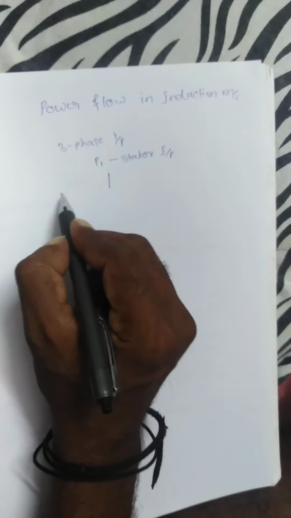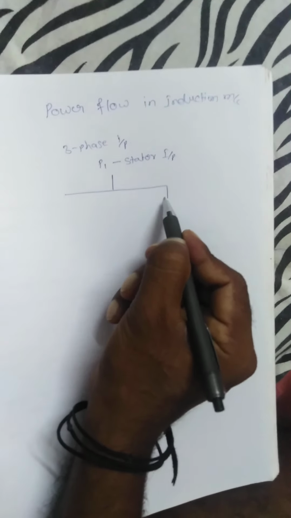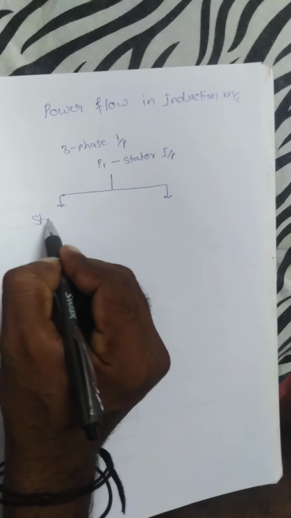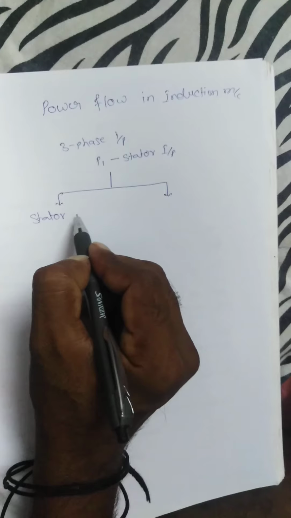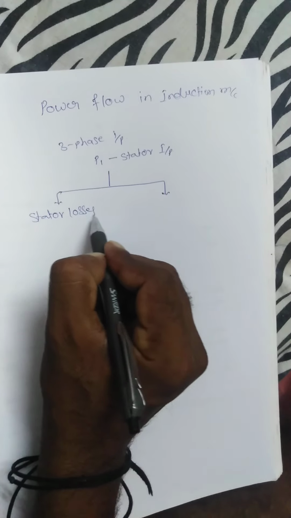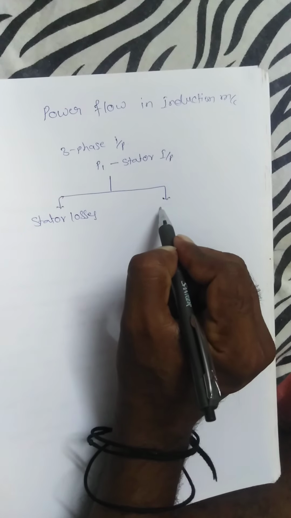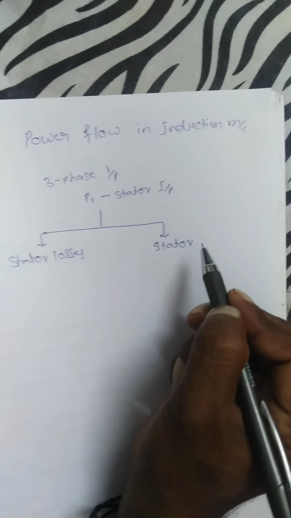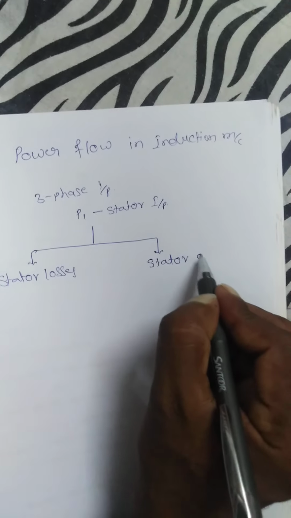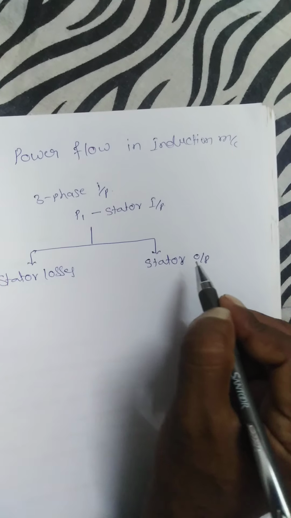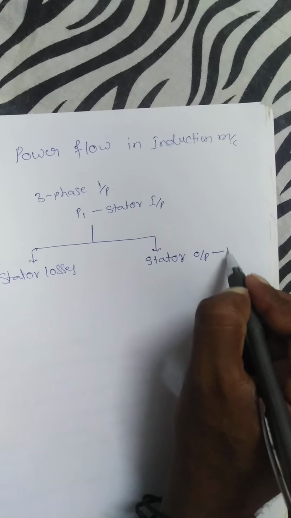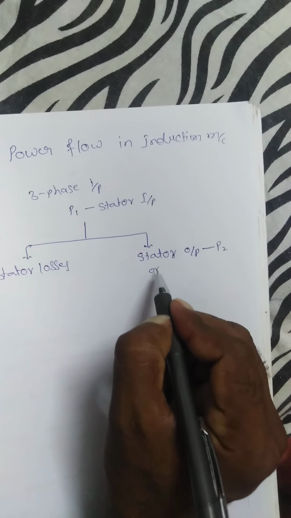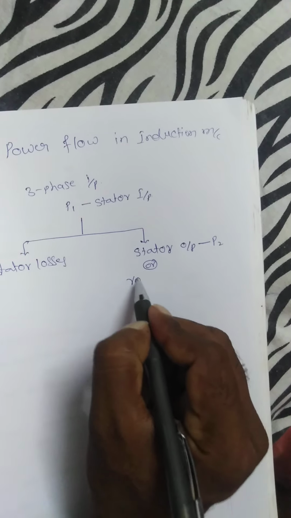When the stator input P1 is given, part of it is wasted in the form of stator losses, and after that there is the stator output. This is called P2. The stator output is also called the rotor input.